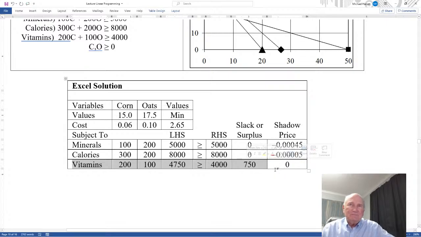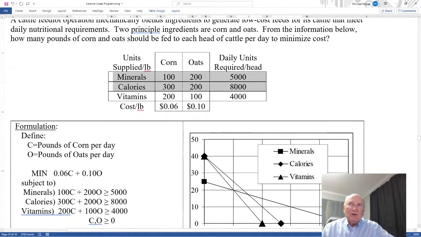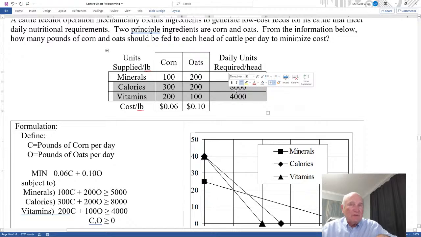Okay, what does this mean? What this means is that, remember this is minimum daily requirements. So the calories and minerals meet the requirements right at the minimum. But the vitamins are greater than the minimum. So you have more vitamins than the minimum. Okay, but that's the minimum cost. That's the cheapest way to do it.